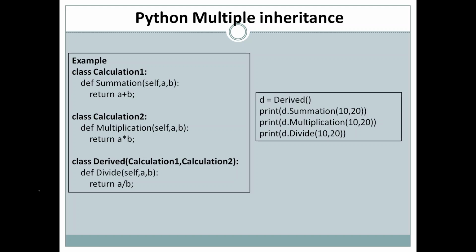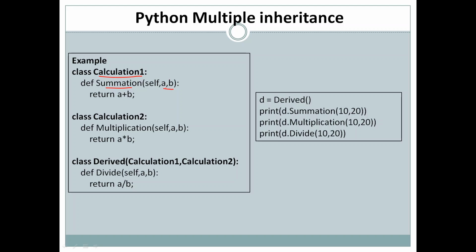Now look at a simple example here. So we have a class here, that is Calculation1, and this class defines a method summation, and it takes actually 3 parameters: self, a and b. Self is a common parameter for all the methods in Python.